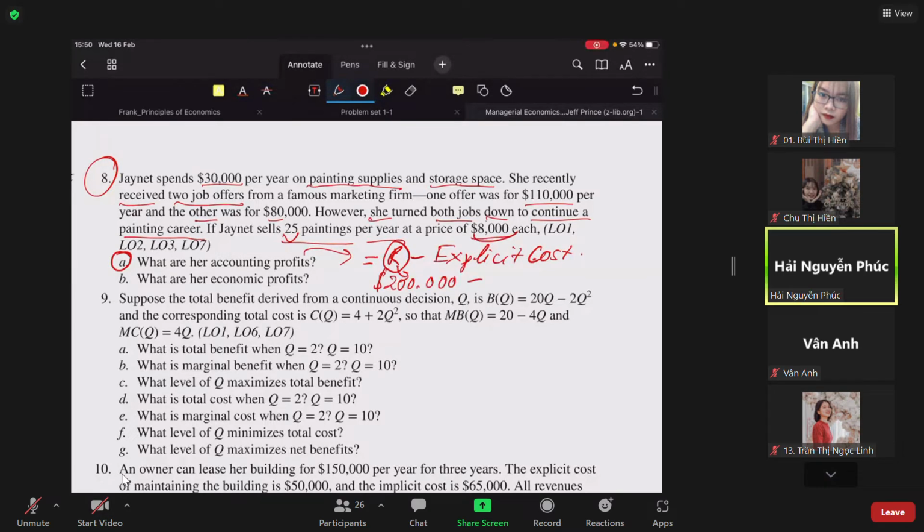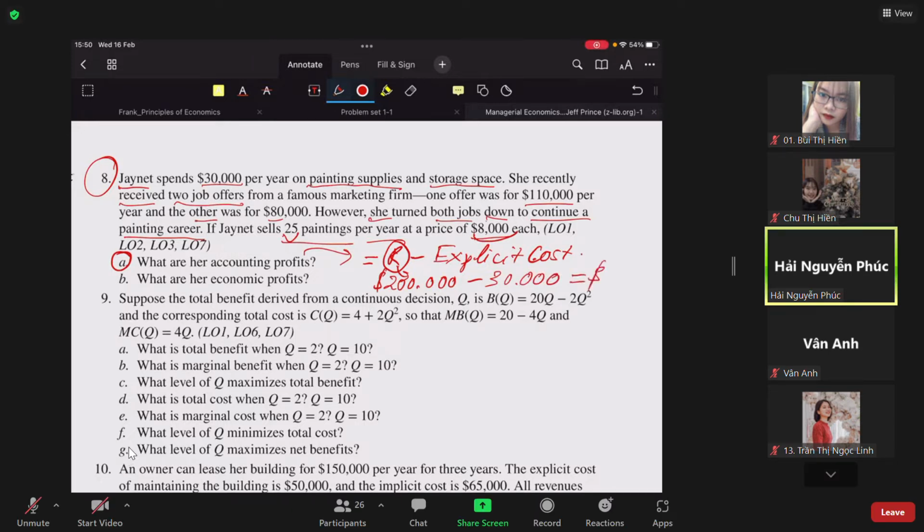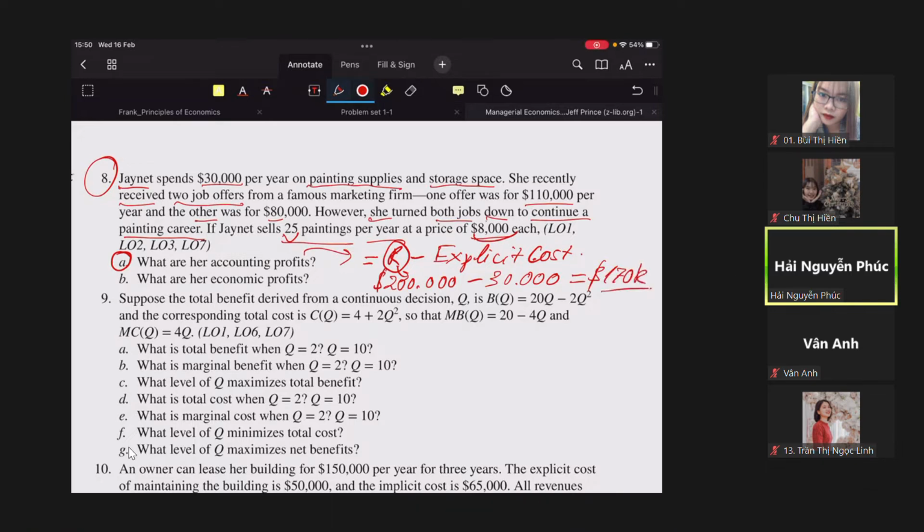The explicit cost for Janet is going to be 30. You can see that her accounting profit is $170,000.